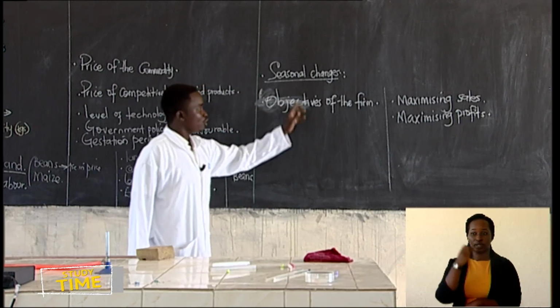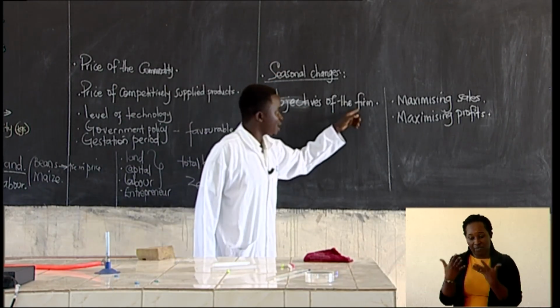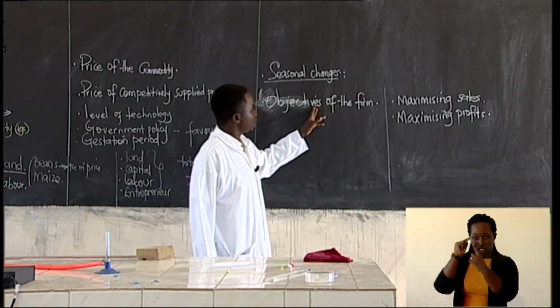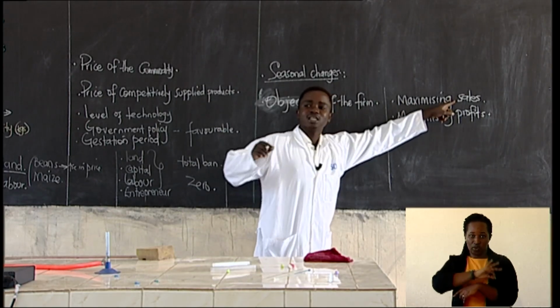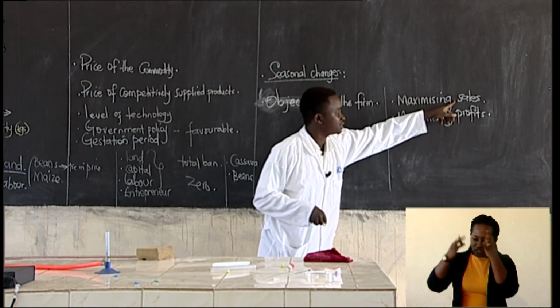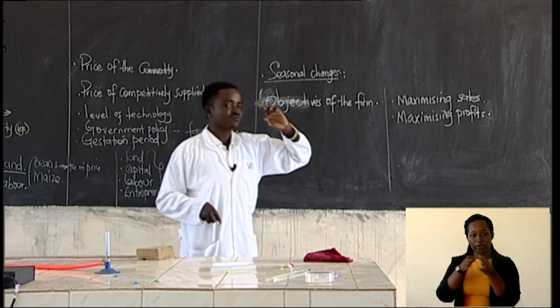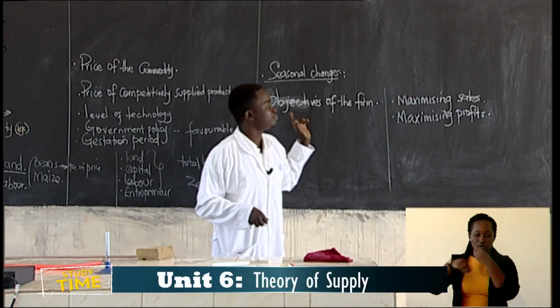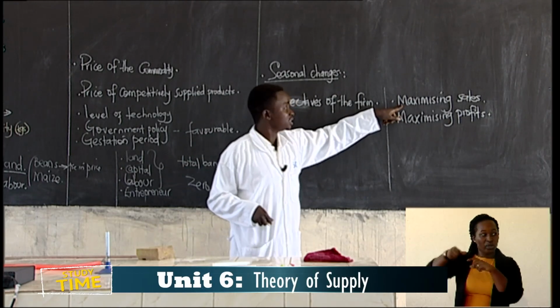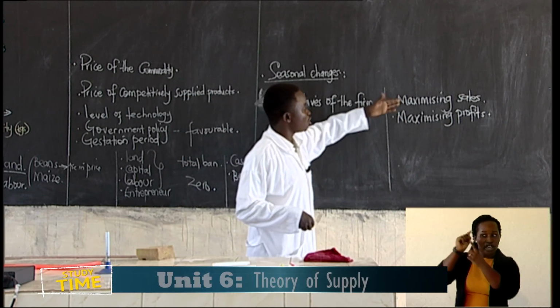If the objective of the farm is maximizing sales, selling a lot of things, that means the supply of goods will have to increase. It produces and supplies a lot because its goal is to sell a lot.